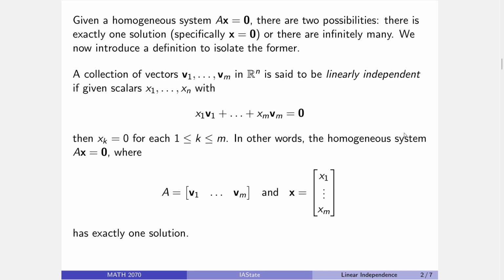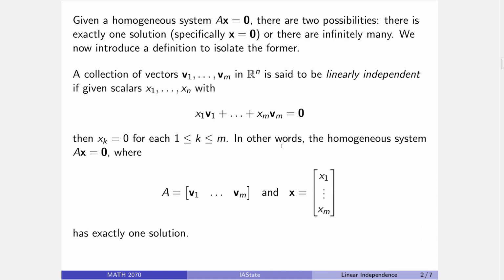Beautiful. Alright, so, note now, very similar to how systems behaved, where we can view them as just literally the equations, or we can view them as a vector equation, or we can view them as a matrix multiplication. Here we see now the situation of a homogeneous system having exactly one answer can be reformulated in terms of a vector equation behaving in a certain way.